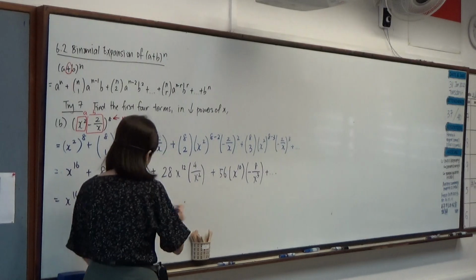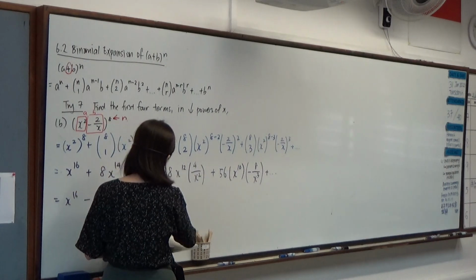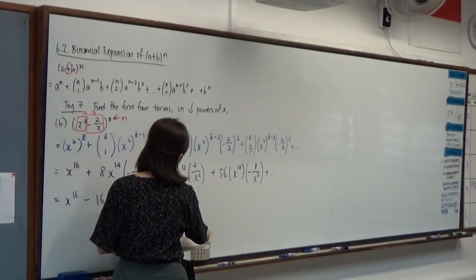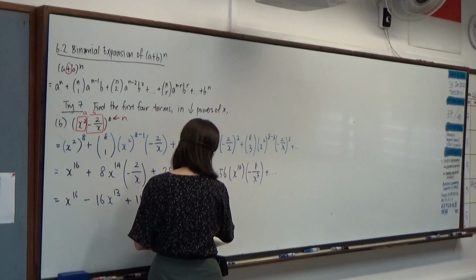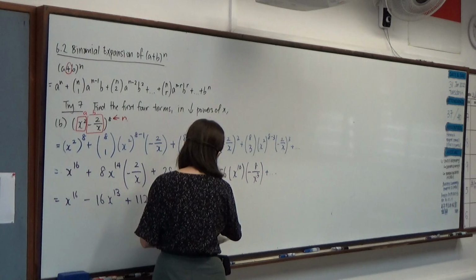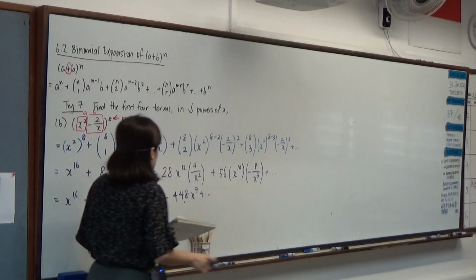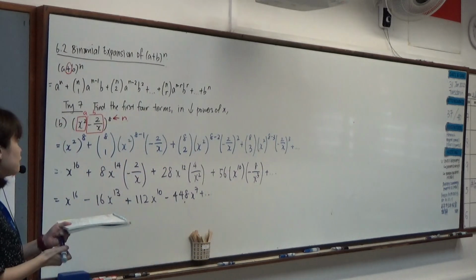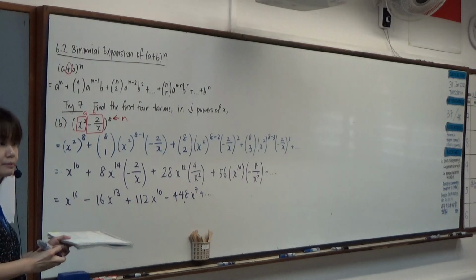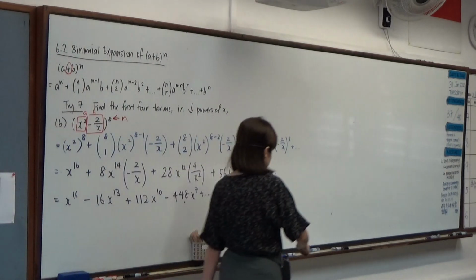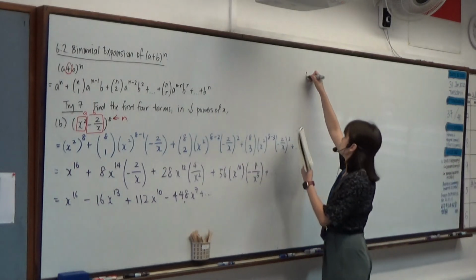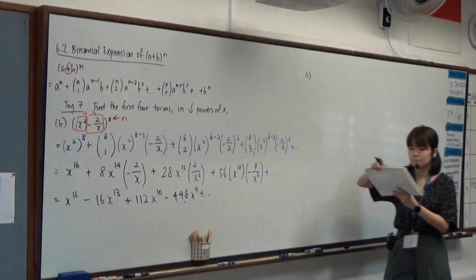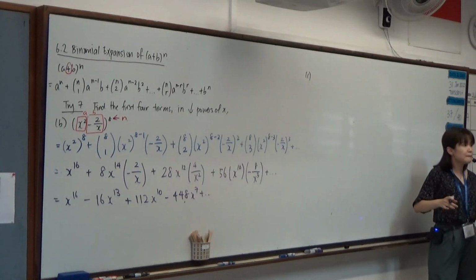Then after that we will have 112 x to the power of 10. And finally negative 448 x to the power of 7. So far?